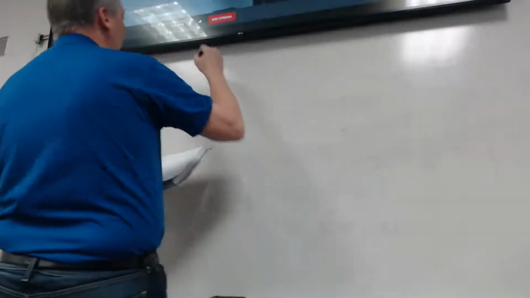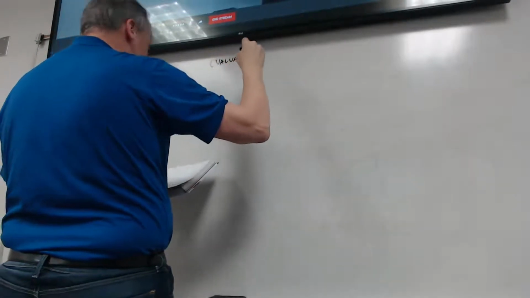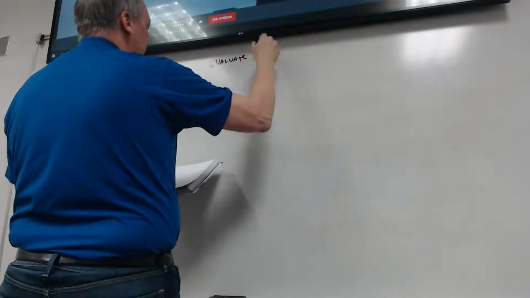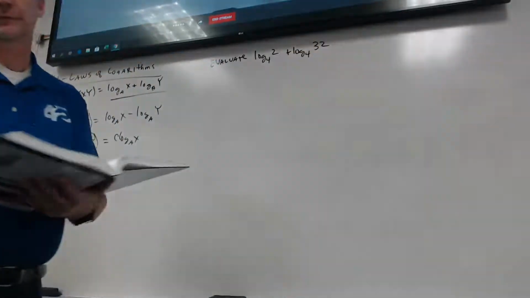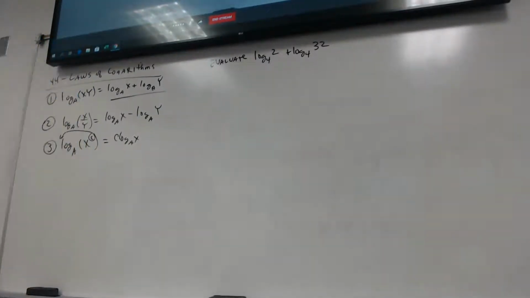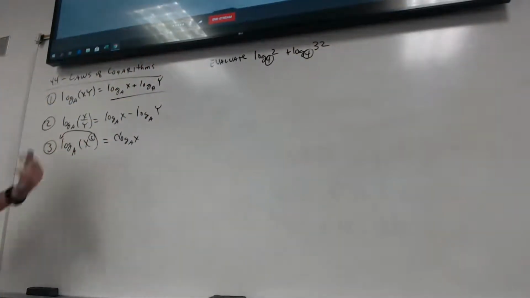Let's say, for example, I wanted to evaluate, without a calculator, log base 4 of 2 plus log base 4 of 32. Now, when you see the plus, and the bases are the same, which rule applies to that? The first one.